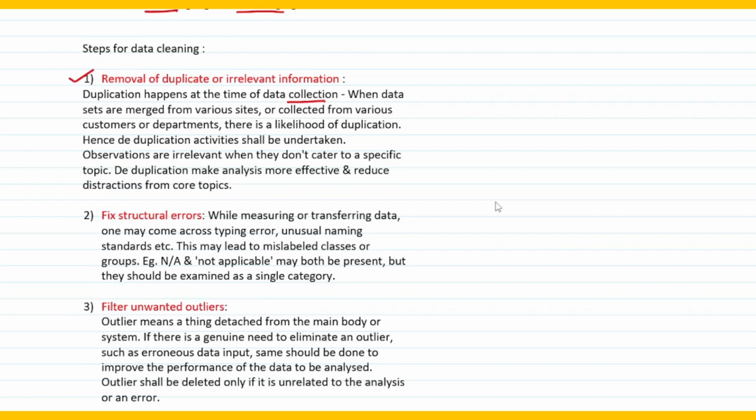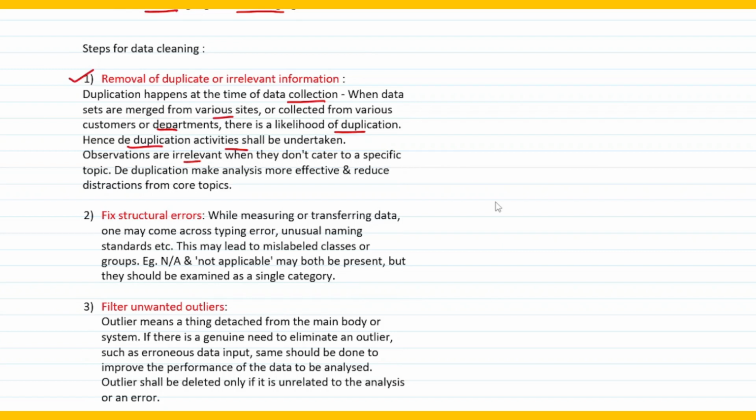That is, you may collect the same type of data again. So when data sets are merged from various sites or collected from various customers or departments, there is a likelihood of duplication, hence deduplication. Deduplication means removal of duplication. Activities shall be undertaken, so you have to ensure that there is no duplication. If there is any, you have to make sure that it is removed or a deduplication process is done.